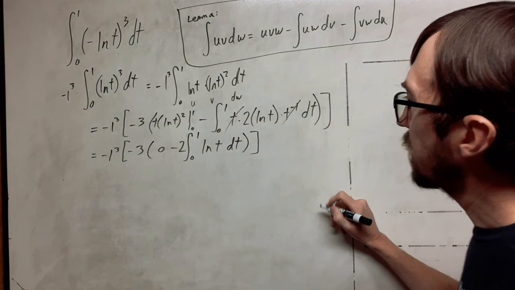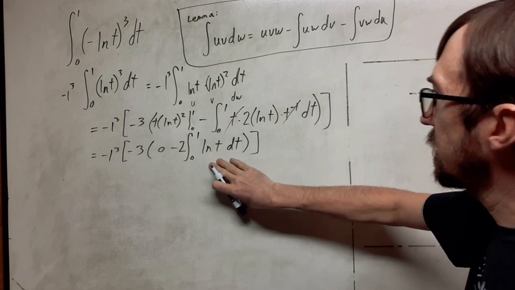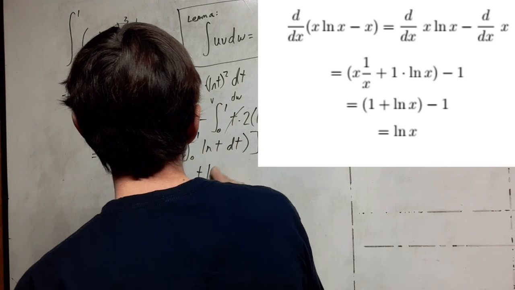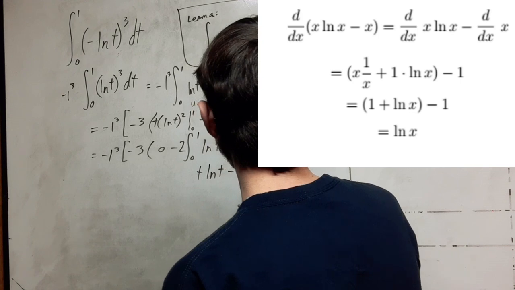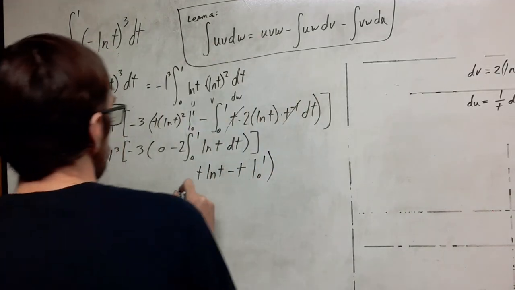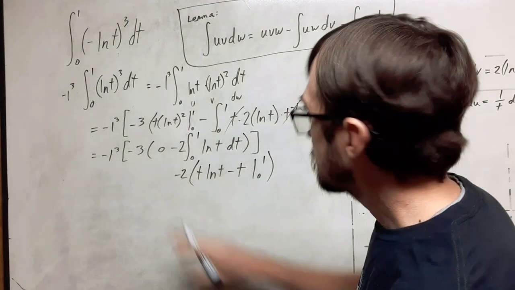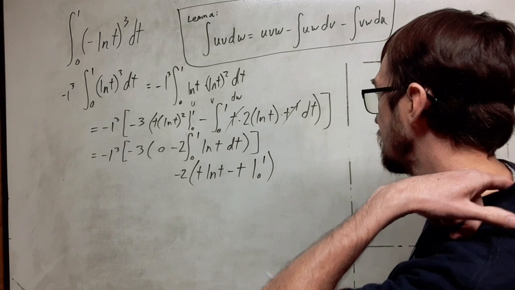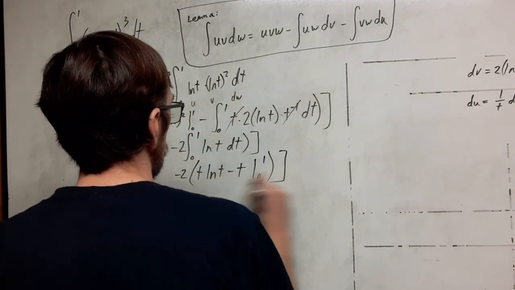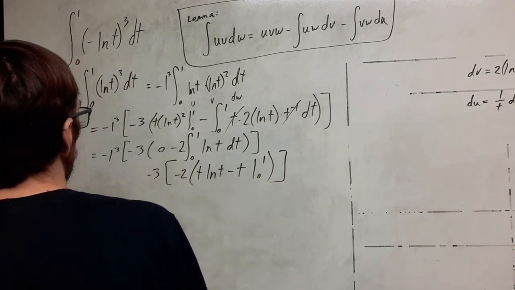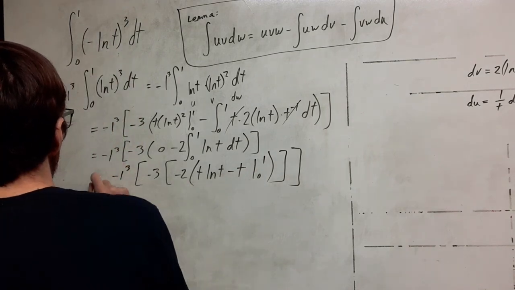So we are left with this. All right. Now we can integrate this: t log t minus t evaluated from 0 to 1. And that is being multiplied by the negative 2 on the outside here. I'm going to go ahead and ignore the 0 now. Outside of this, we have the negative 3. And then outside of that, we have the negative 1 to the 3rd power.